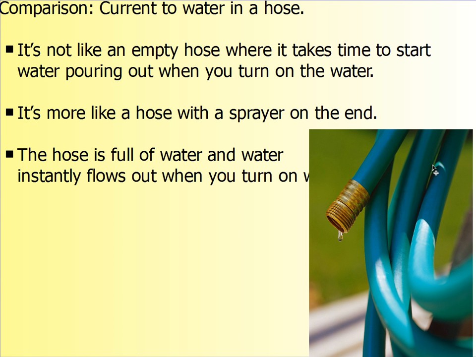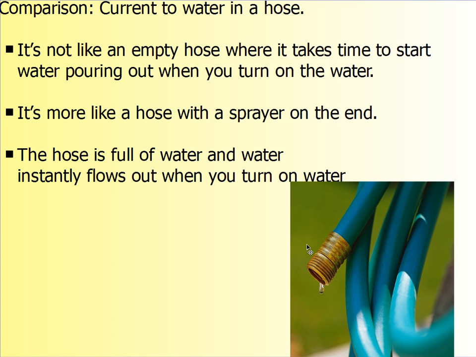Now, suppose you have water in a hose. It's not like starting an empty hose where the water's got to chug through and get through. The electrons are already up and down the wire. This is a lot more like having a hose full of water and then turning on the spigot and having the water flow out the instant you turn on the water.